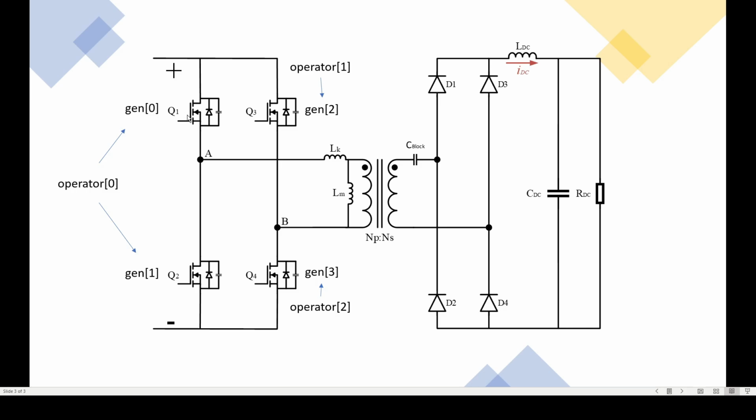Because Q1 and Q2 don't need both delays on the switch, we can just use one operator. I will apply the rising edge delay to Q1 and the falling edge delay to Q2.